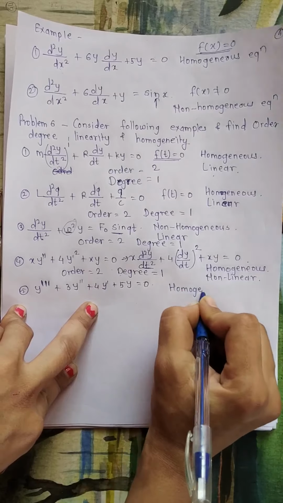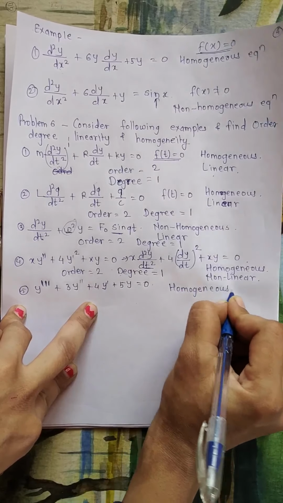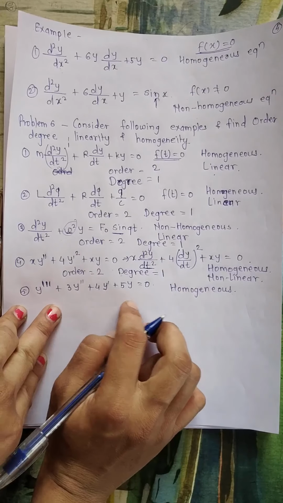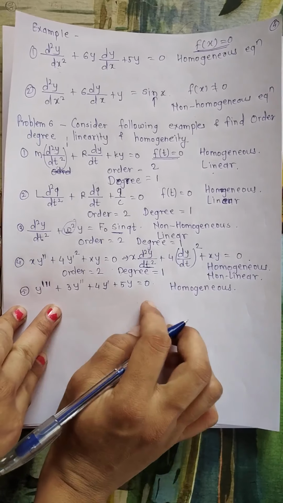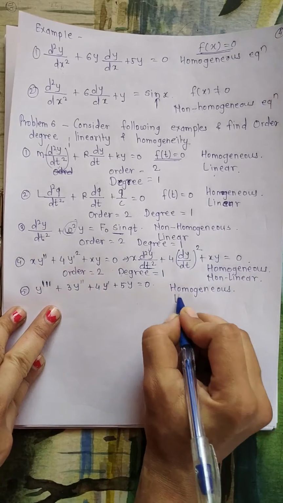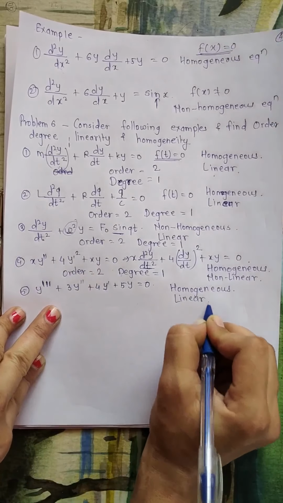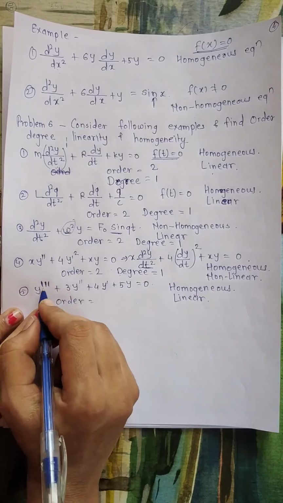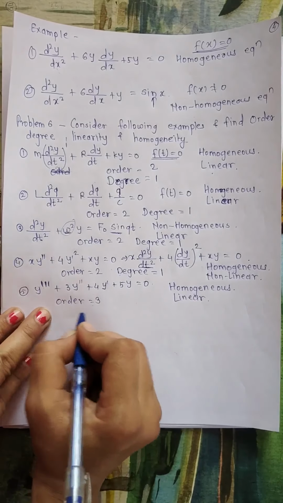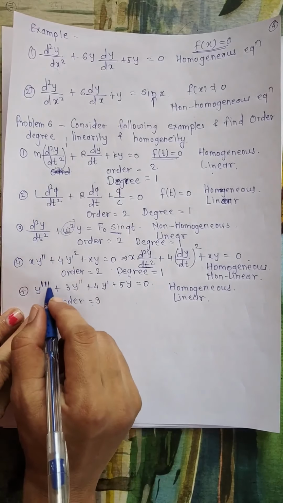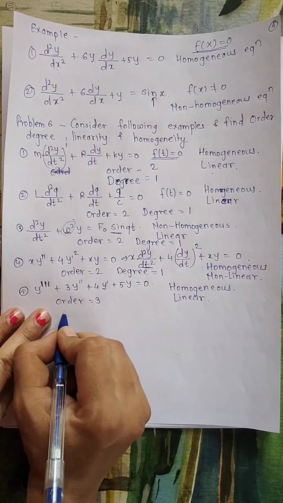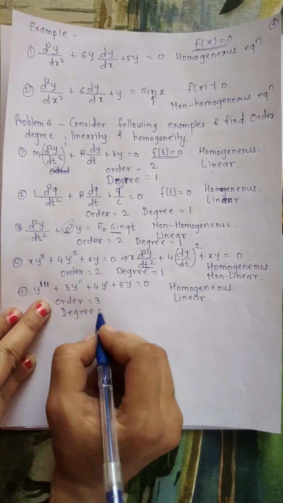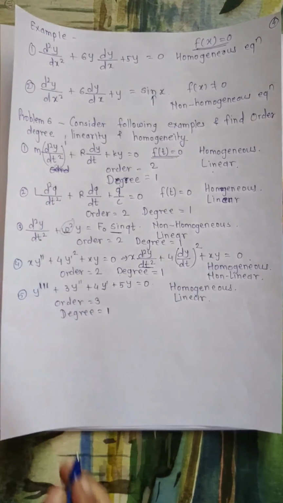And if you check for linearity, all terms are linear terms, so this is a linear differential equation. Let's find the order. The highest order is 3, since it is the third order derivative of y, and degree means the power of this highest order, which is 1. So the degree of this equation is 1.